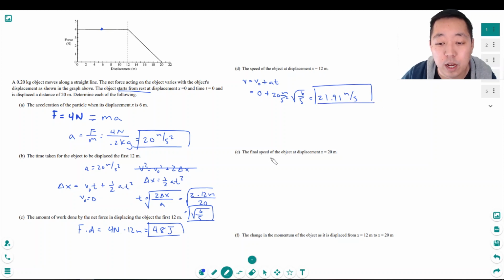The final speed of the object at displacement x equals 20 meters. Okay, so this is a little bit of a trickier one, right? Because the force is declining over here. That means his acceleration is changing.